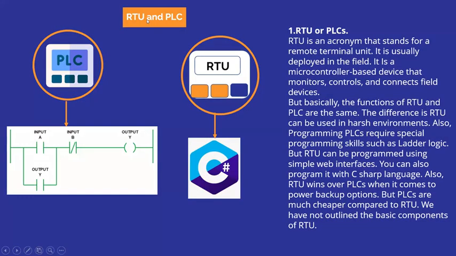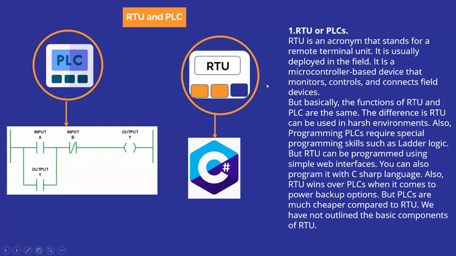So we will go to what is PLC or RTU. RTU is an acronym meaning remote terminal unit, and this is a field device which is interconnected with the sensors.